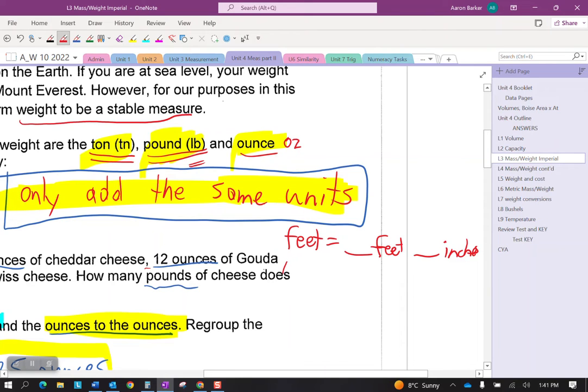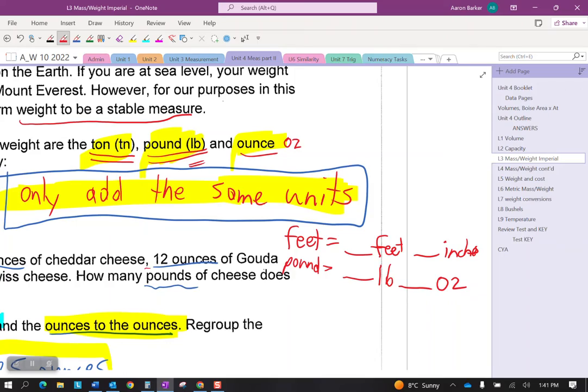So when we say pound, we actually mean how many pounds and how many ounces. LB blank OZ. So you gotta be careful of that.